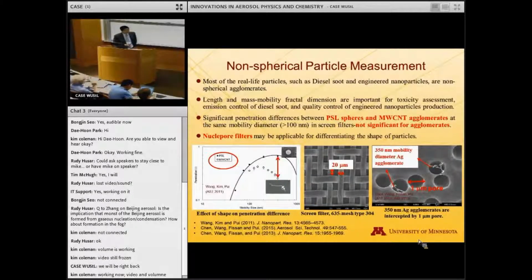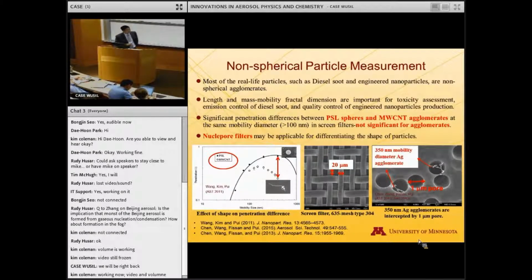A few years ago, my colleague and I did some penetration measurements of spherical particles and multiwall carbon nanotubes through a stainless steel screen with 20 micron openings. We found that the penetration of the spheres and carbon nanotubes deviated a great deal.